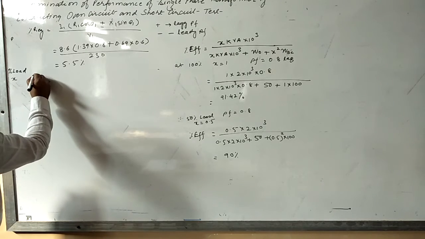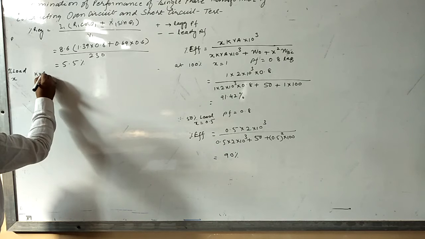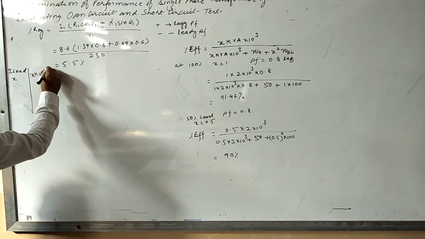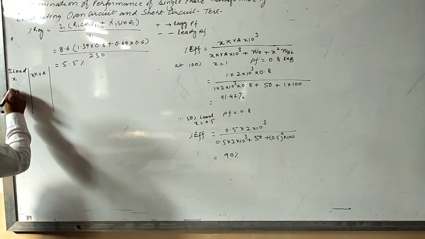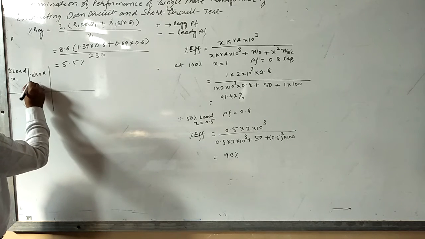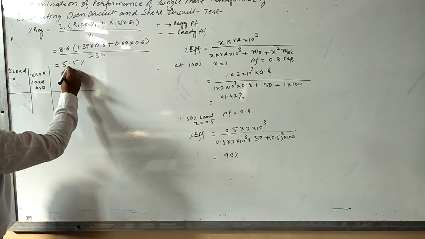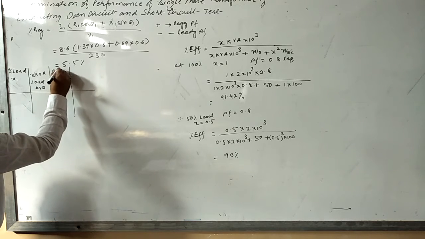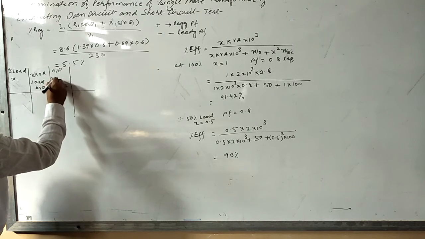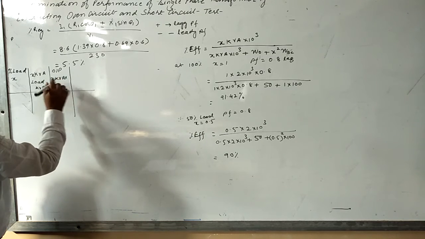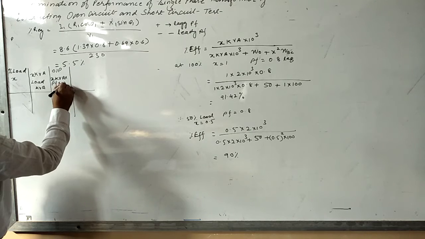Second is the kVA, so x kVA is the load kVA. Then the output is x kVA into power factor, multiplied by 10 raised to 3.